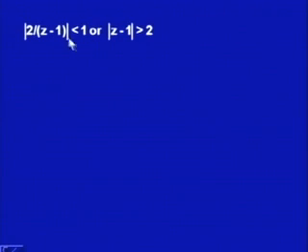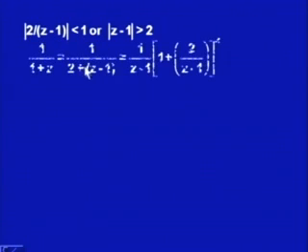In the outer part, when modulus of z minus 1 is greater than 2, there is no singular point outside this, and we can write down modulus of 2 upon (z minus 1) is less than 1, and in this region we can expand 1 over 1 plus z in this form.